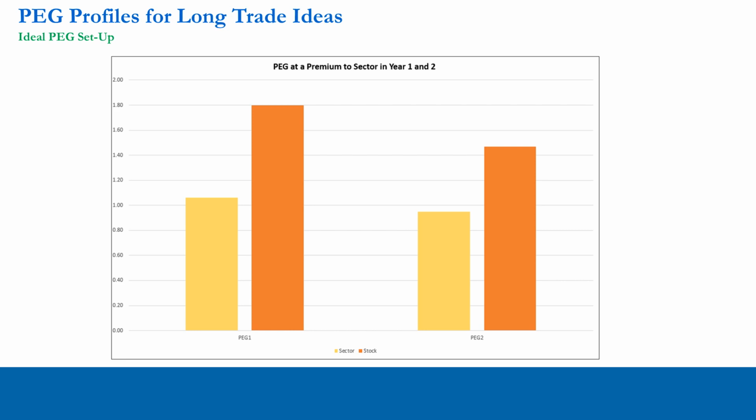So when we see a higher PEG in period 1 and period 2, and we see that the PEG is on a premium to the sector, this is ideal for us when we're looking at long ideas because we have evidence from the market that the market is paying a premium for the growth rate.